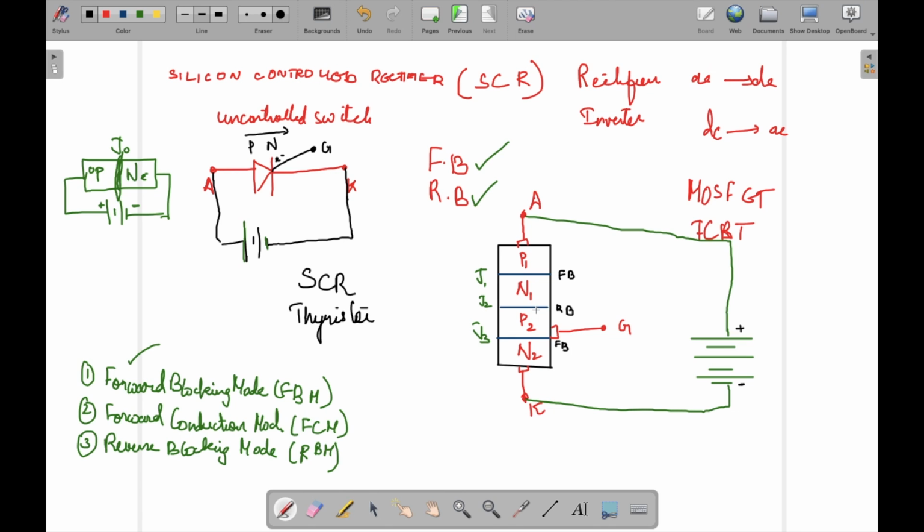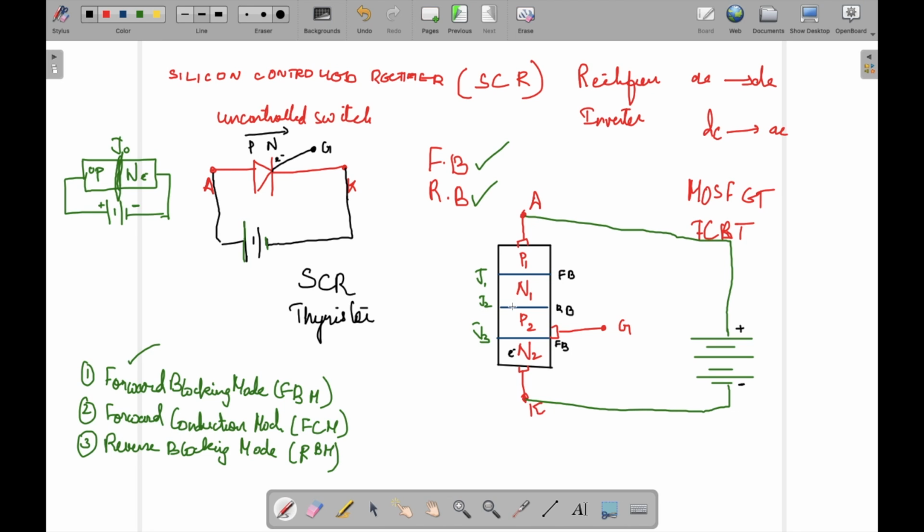Now this is ideal. What would happen? When I turn on the switch, the electrons can move across from the N2 region, across J3, and reach P2, but J2 is closed. J2 is reverse biased.